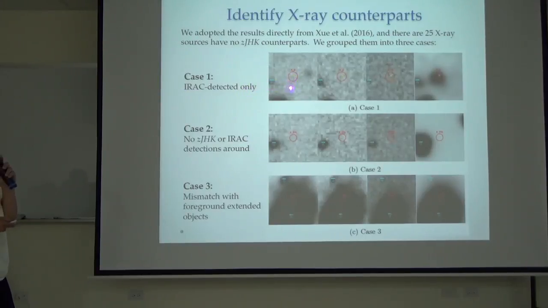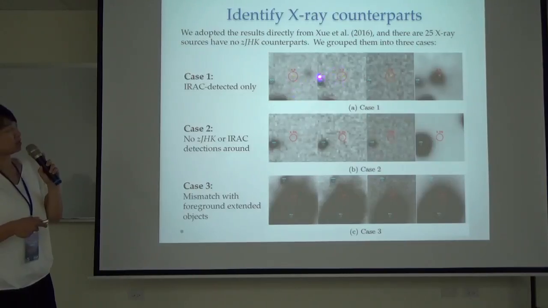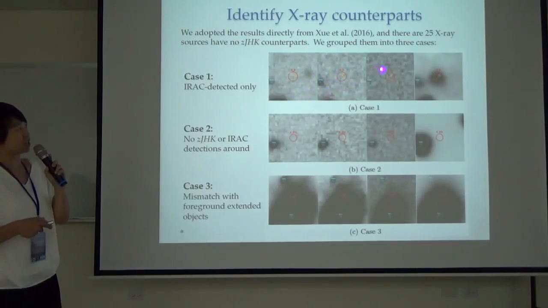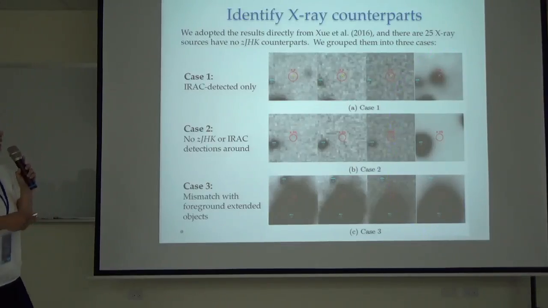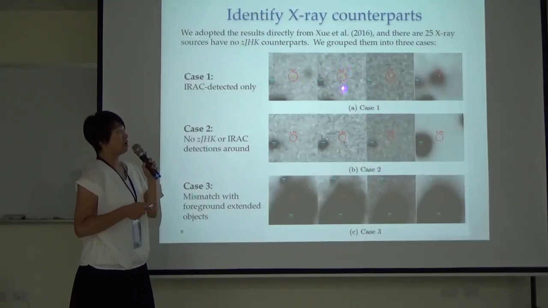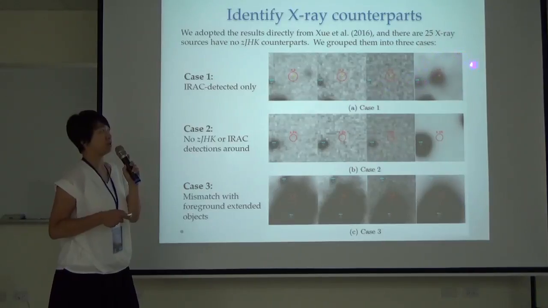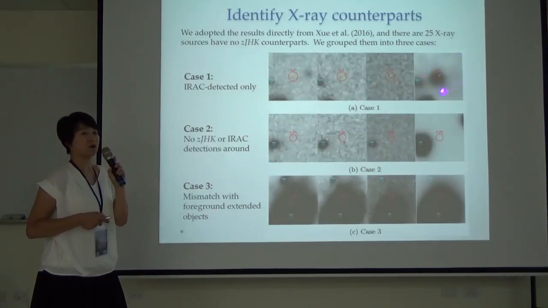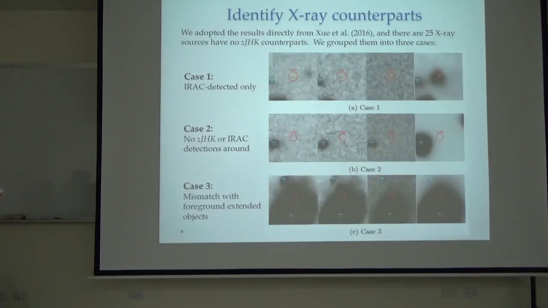This is JHK, and this last column is IRAC. In the first case, we don't have any detection in JHK, but we have a very strong IRAC detection. Because we don't use IRAC to find the counterparts, we didn't include this one in our analysis.